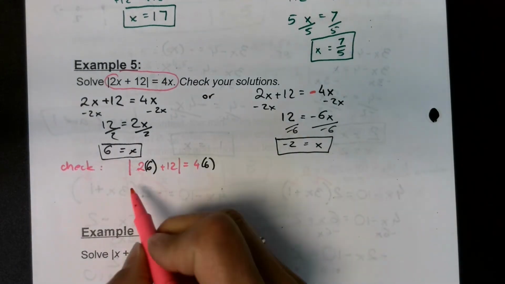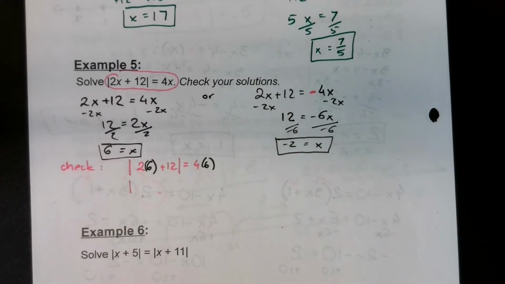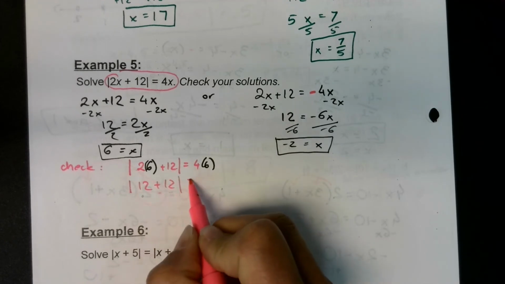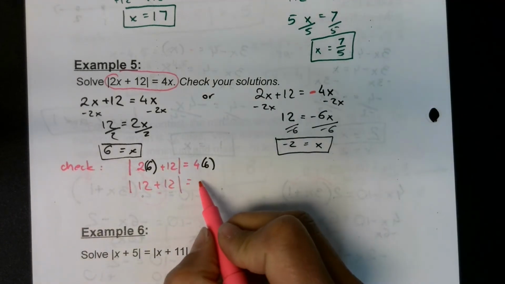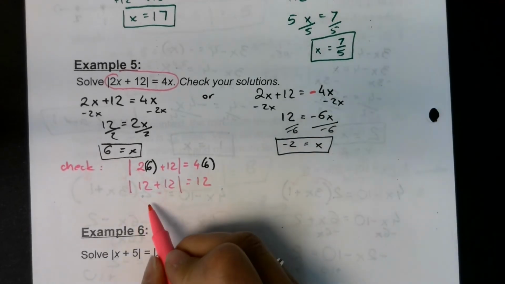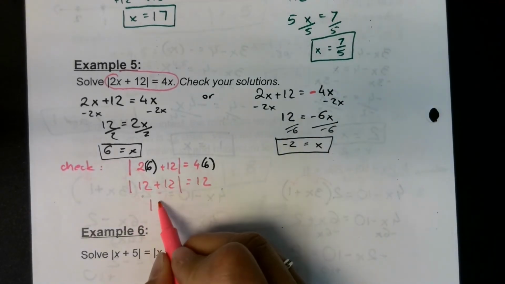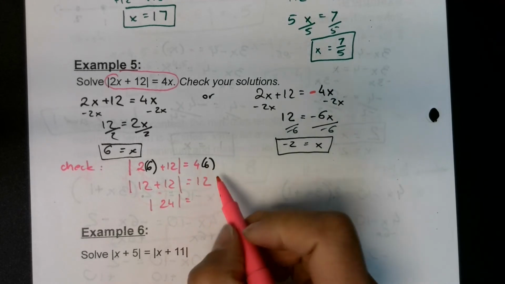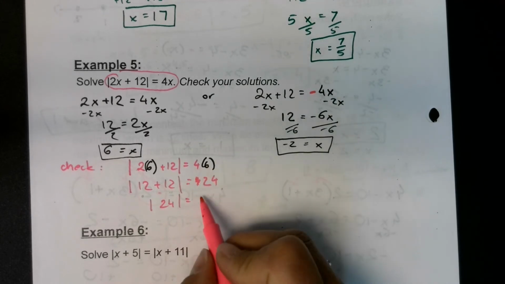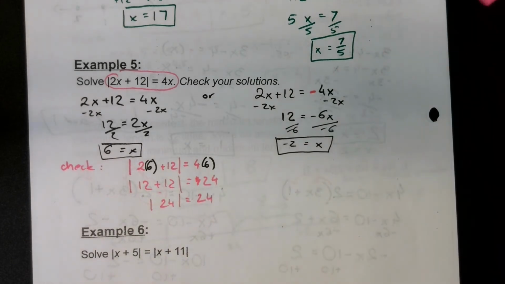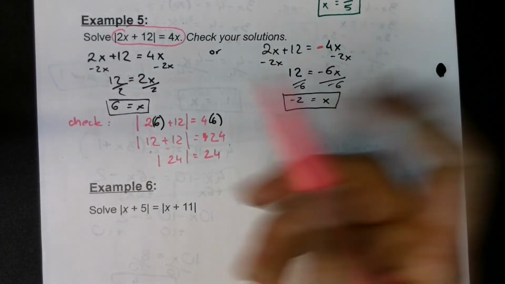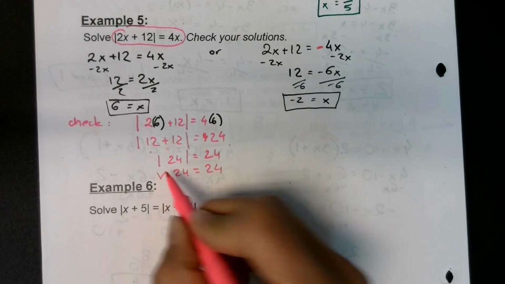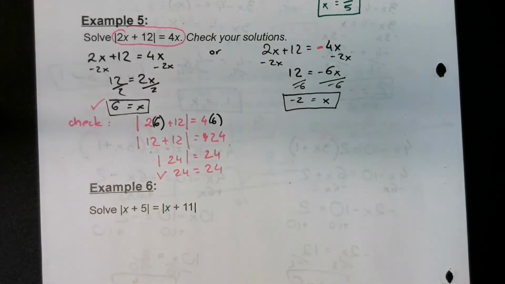Let's simplify it. 2 times 6 is 12, plus 12, which is 24, and 4 times 6 is 24. So if you drop the absolute value, it really is 24 equals 24. So that one checks. So we know this is right.